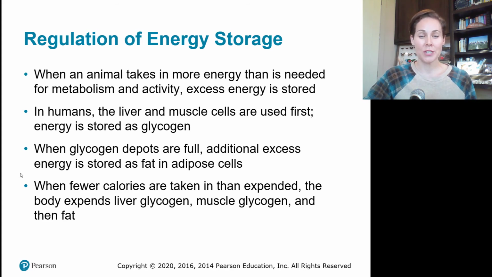When fewer calories are taken in than expended, the body expends liver glycogen, muscle glycogen, and then finally fat. So if you're wondering, it's been a week and I've been on a diet and I know I've been burning more calories than I've been taking in, well, you've got to get rid of the liver and the muscle energy that's stored there, and then it will start using up fat energy.